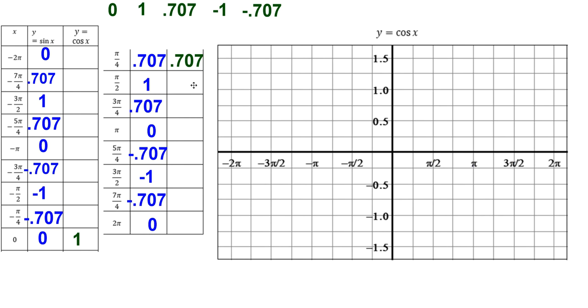At pi over 2, you look at your 90 degrees on your unit circle. Sure enough, we have this. Now, we started up here in green at 1. We dropped down to 0.707, which is somewhere right around in here.